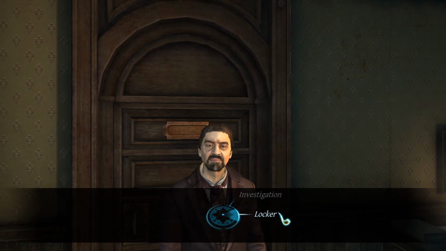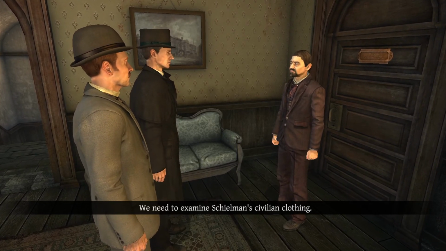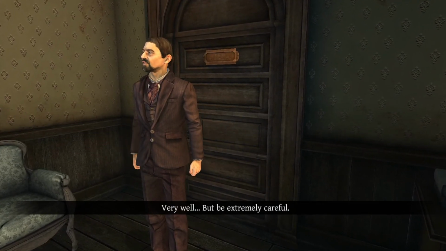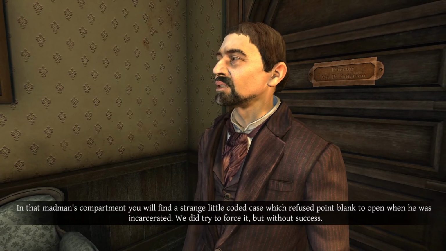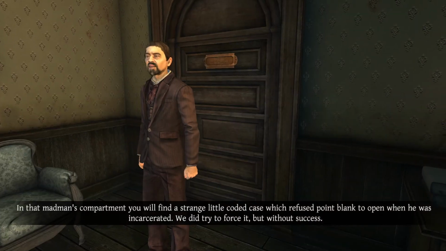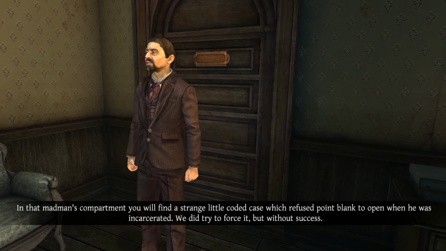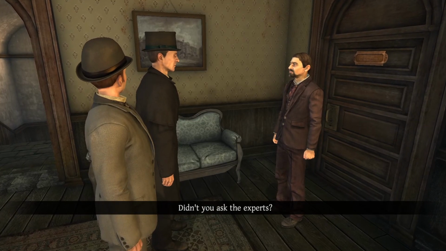We need to get in the locker. We need to examine Shieldman's civilian clothing. Very well, but be extremely careful. What do you mean? In that madman's compartment, you will find a strange little coded case which refused point blank to open when he was incarcerated. We did try to force it, but without success. Didn't you ask the experts?